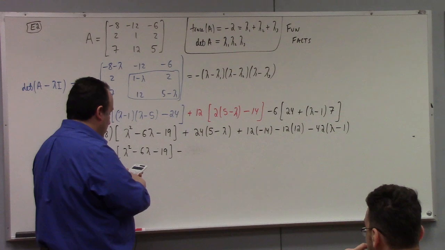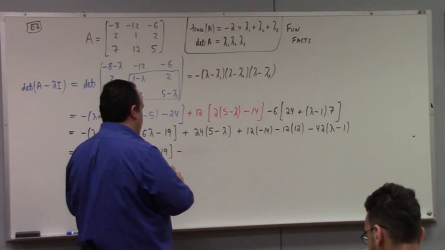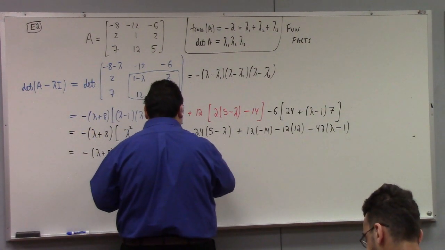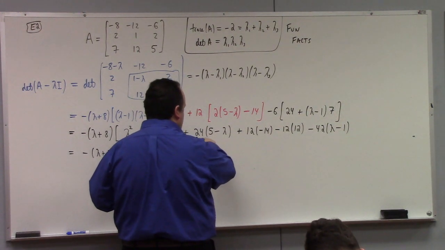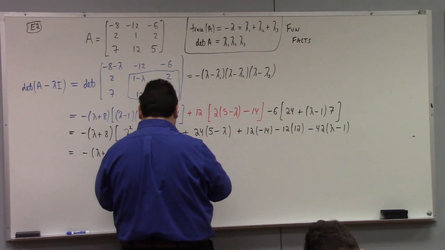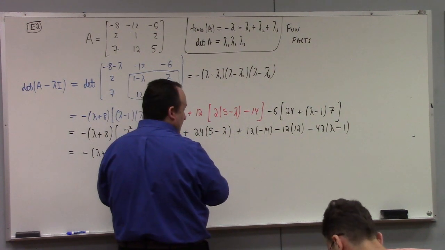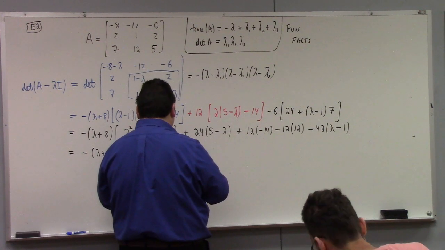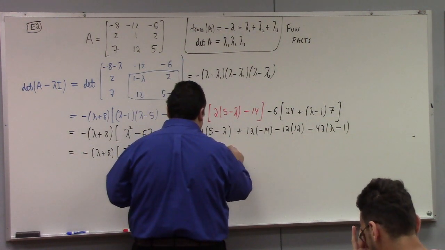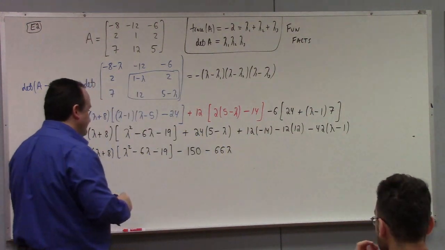Plus 42. So I get a net of minus 150 from all those constant terms. And we've got a minus 24 and minus 42, I believe. So I get minus 66 lambda. All right.